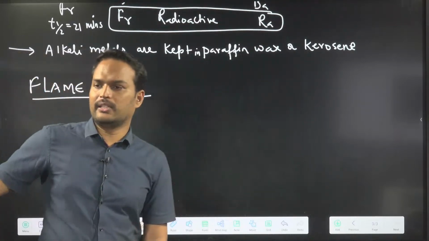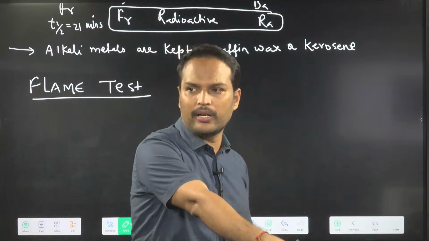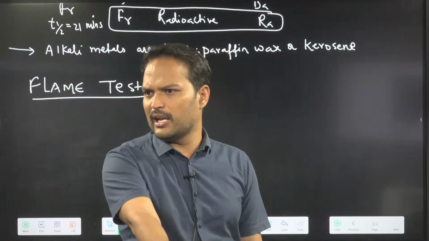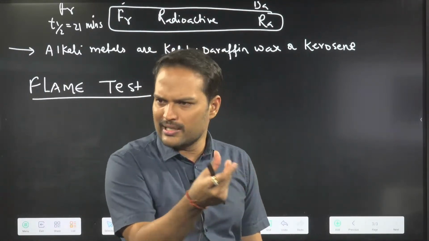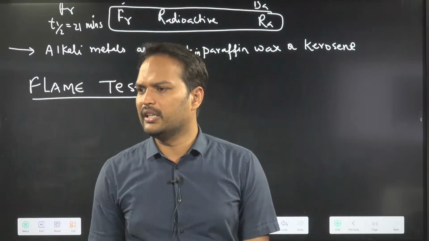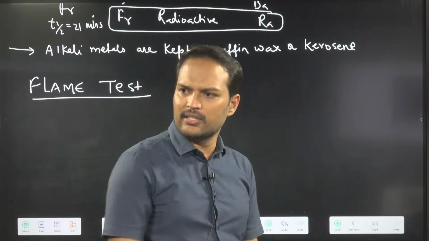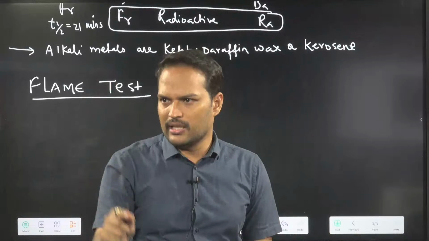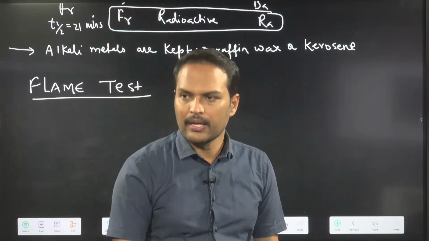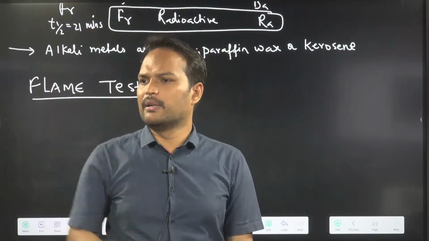What is this flame test? Bring the metal into the burner, the Bunsen burner you have seen in the lab. It produces less heat, so the flame is like this. Now this flame has different positions.